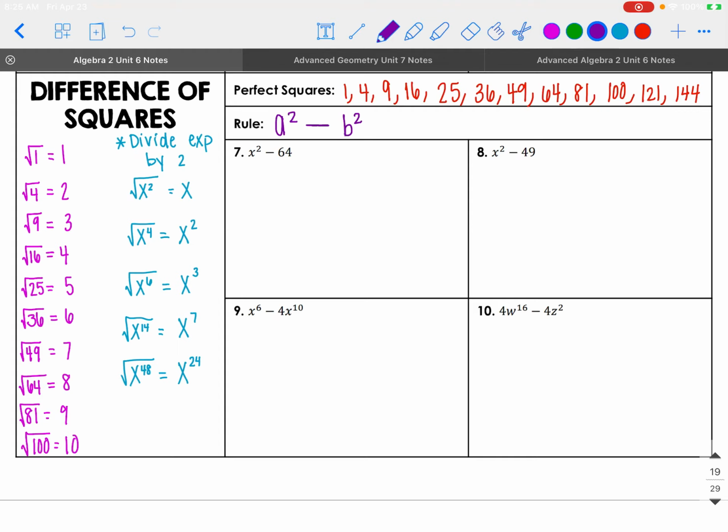It has to be subtraction, because the word difference means subtraction. And so when we do these, we're going to take the square root of both sides, and that gives us our a and b. And then we just write our answer as a plus b, a minus b.